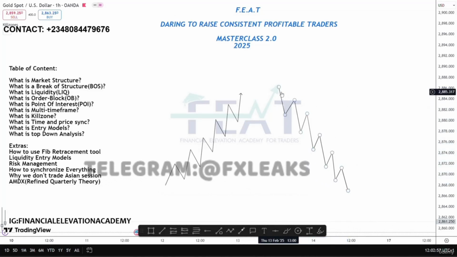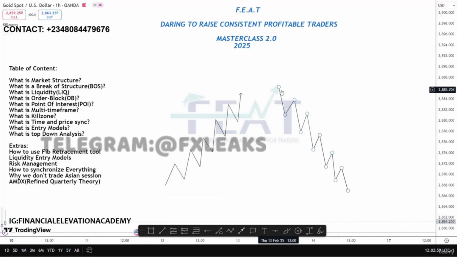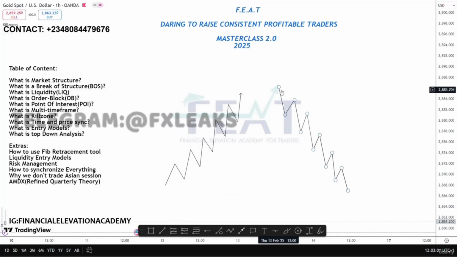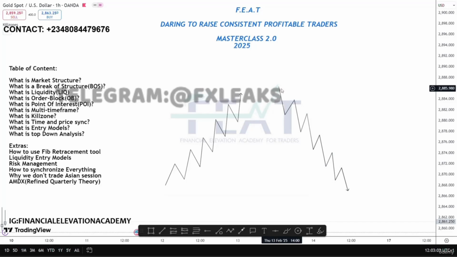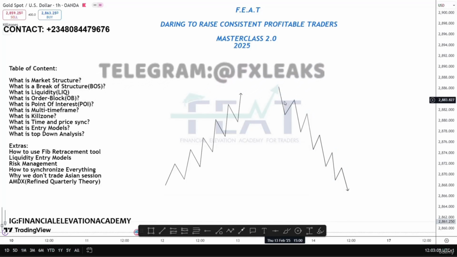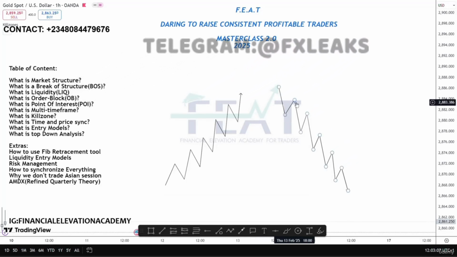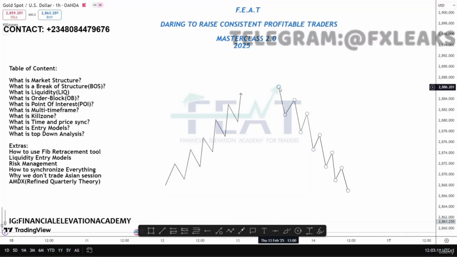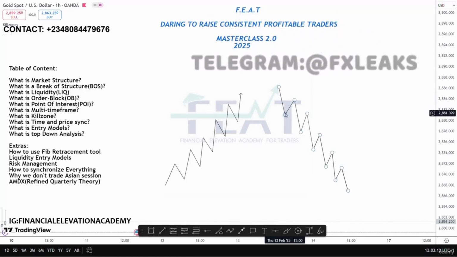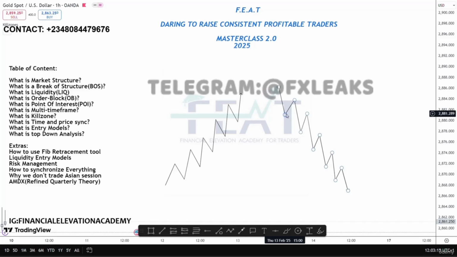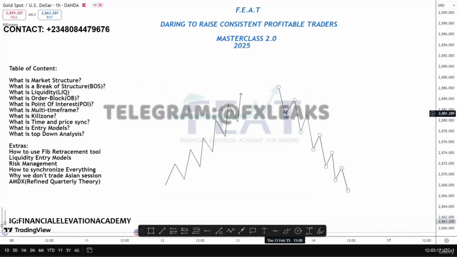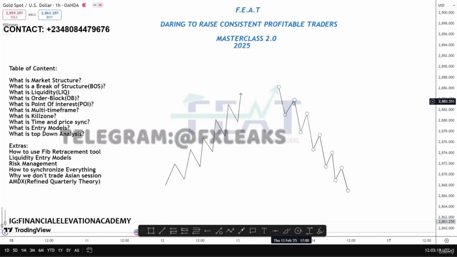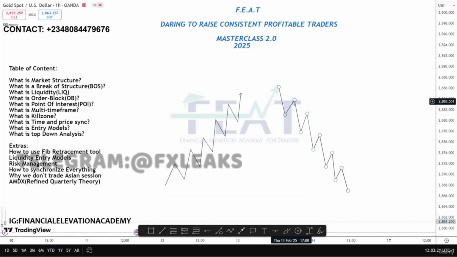So a bearish structure is a situation or a market direction whereby new lows are created and the previous highs are being respected. What do I mean? This was a high that created a low, and the low, a new low rather, created a lower high.